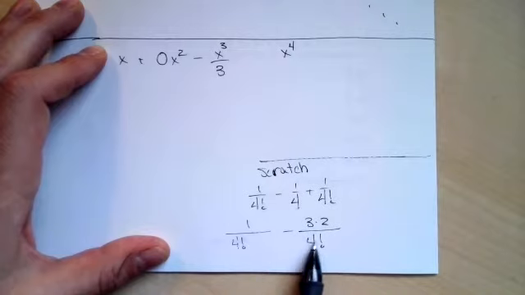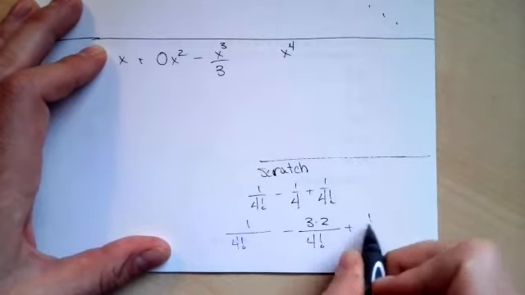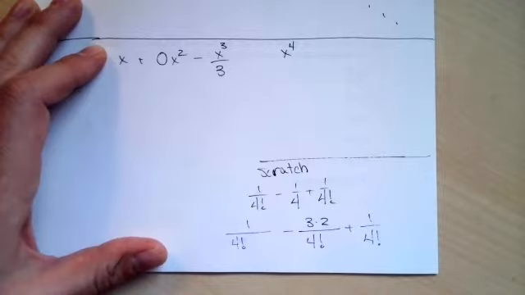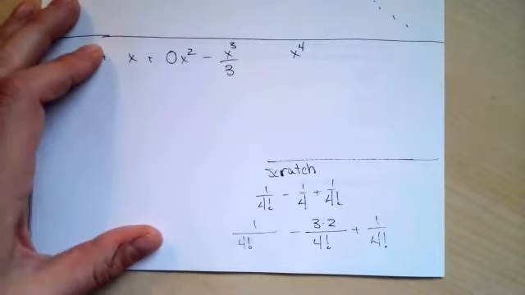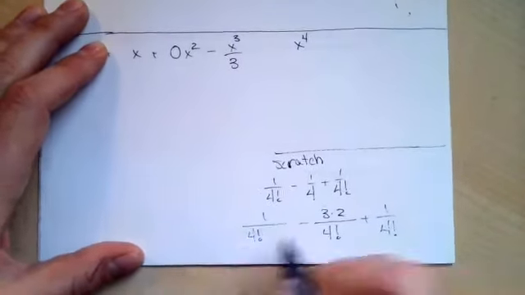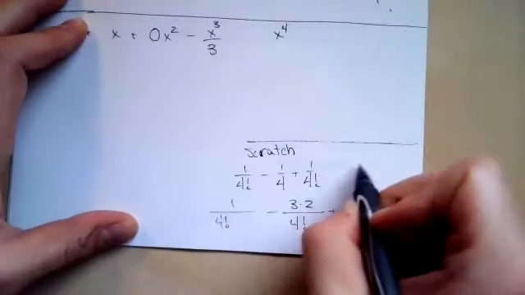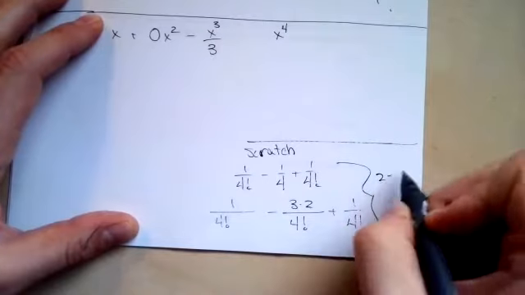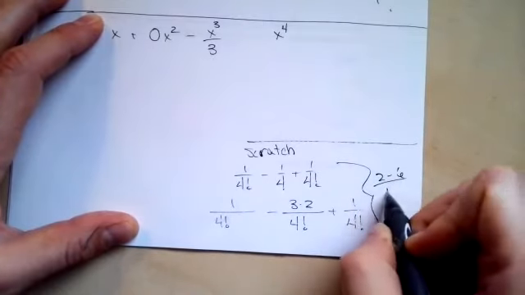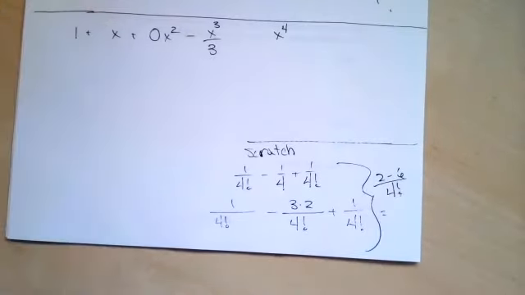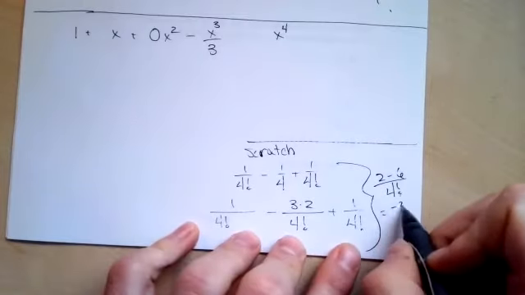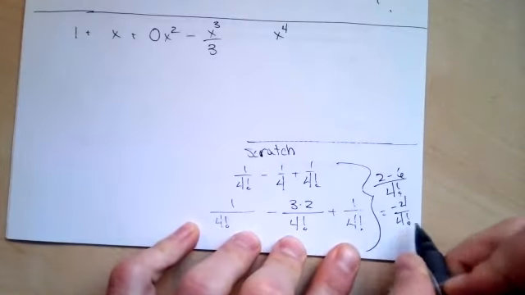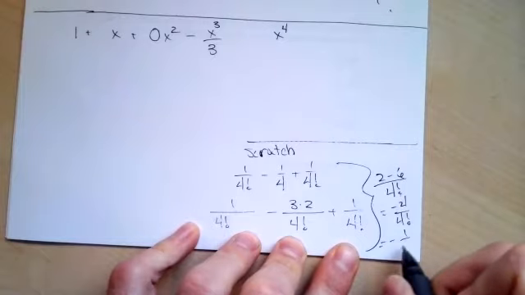So put a 3 times 2 in the numerator just to make the denominators the same. And so all in all, what are we left with? It looks like we've got 2 minus 6 over 4 factorial. So that's going to give us negative 4 over 4 factorial, or negative 1 over 3 factorial.